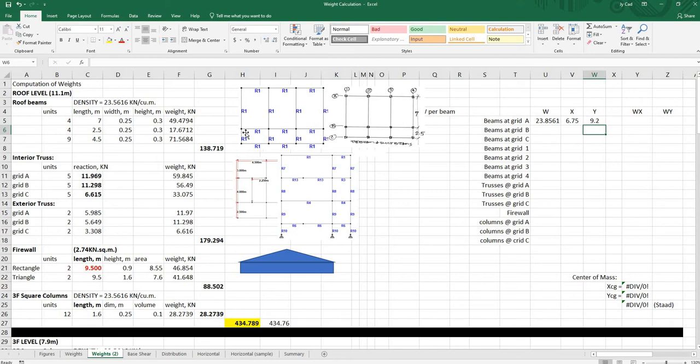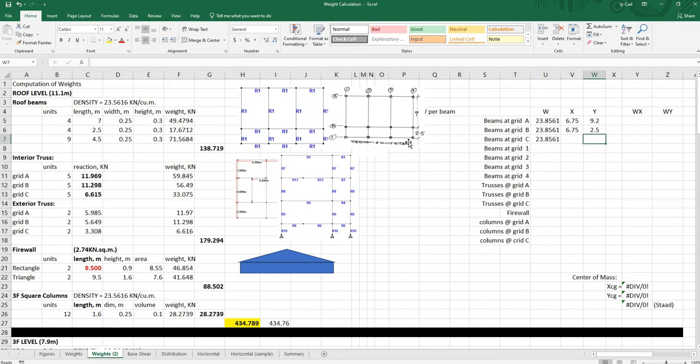And then dito naman tayo sa beams at grid B. Notice the beams at grid A, B, and C are all the same, which is R1, and they are all 13.5 meters. So pare-parehas lang yan ng weight. Sa grid B naman, ang kanyang centroid would be 6.75, pero ang y from the origin, let's say this is the origin, is now 2.5.